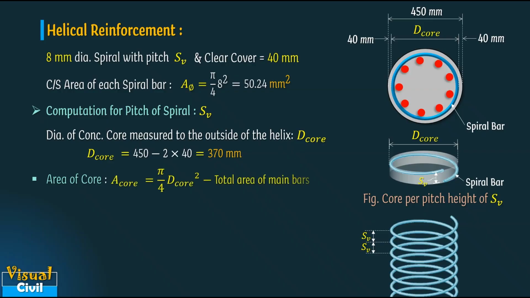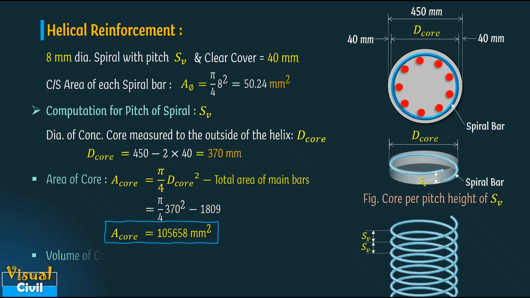To find the actual core area, we subtract the total area of the longitudinal main bars. After computation, the value comes out to be 105,658 mm square.